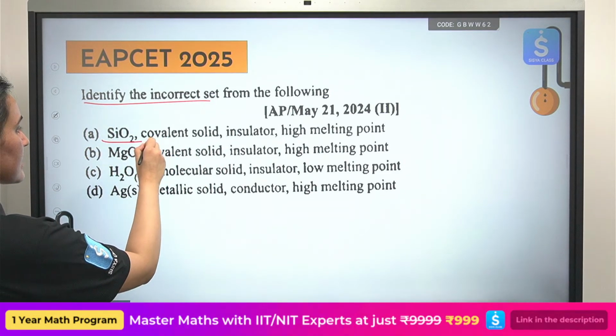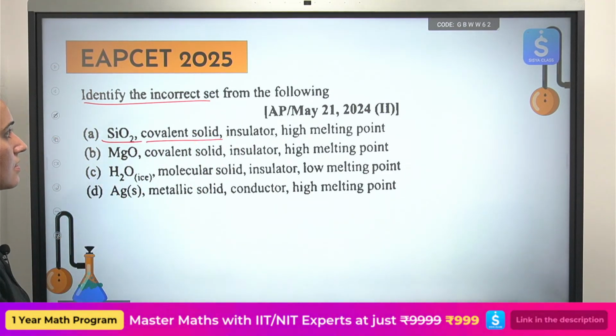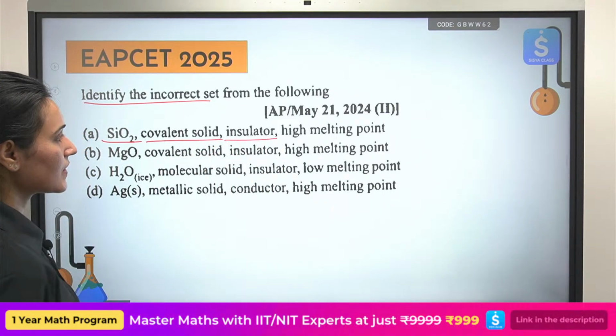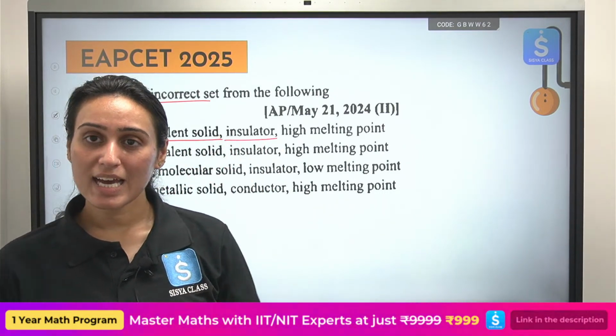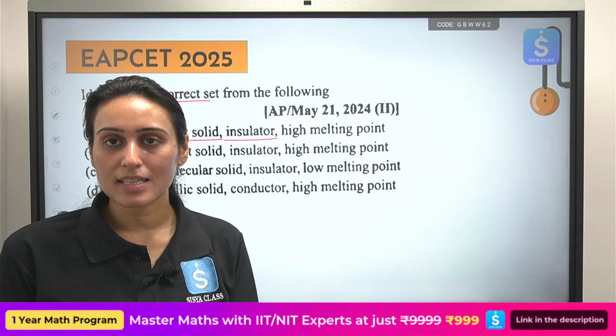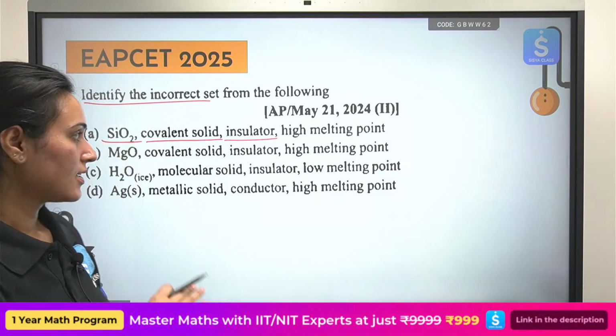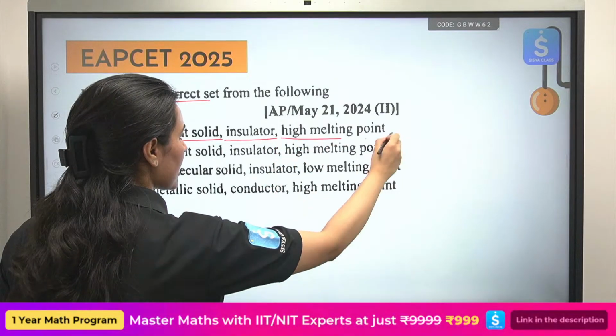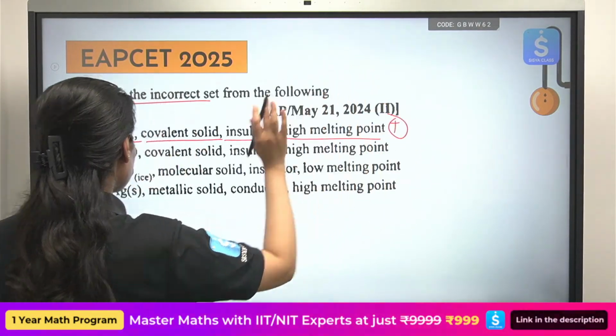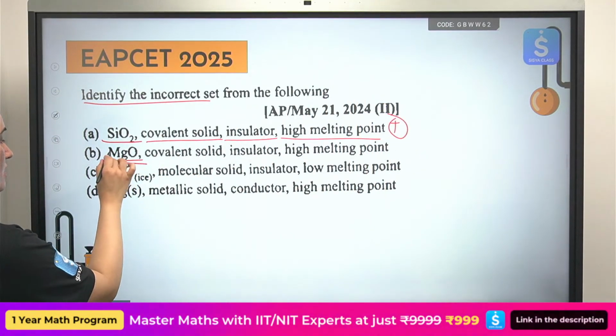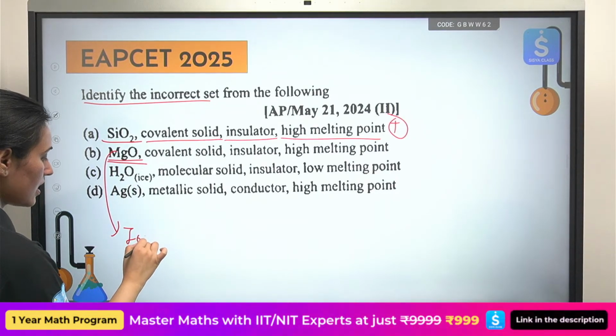Silicon oxide, it is a covalent solid. Yes, it is an insulator. If you have free ions, then only it will conduct electricity, otherwise it is an insulator. We have to identify incorrect statement. So far it is looking correct. High melting point, this is fine. Magnesium oxide, ionic solid, everyone.